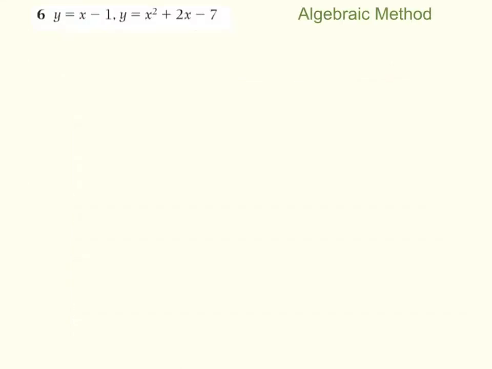We're going to look at the same question as we did in the last slide. We're going to solve y equals x minus 1 and y equals x squared plus 2x minus 7 using an algebraic method. First things first, I'm going to write the two equations underneath each other, as you'd have done with simultaneous equations in year 10 and year 9.